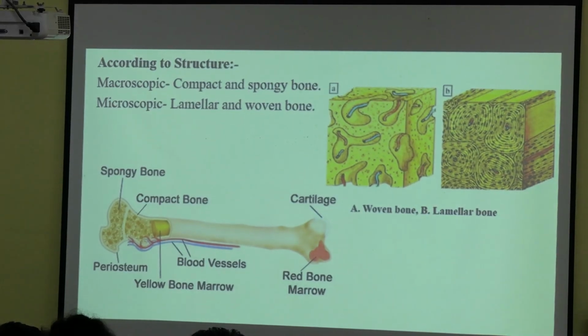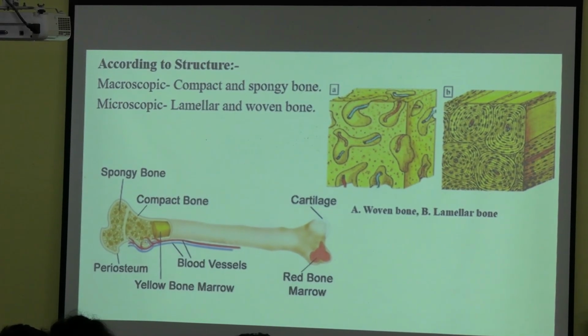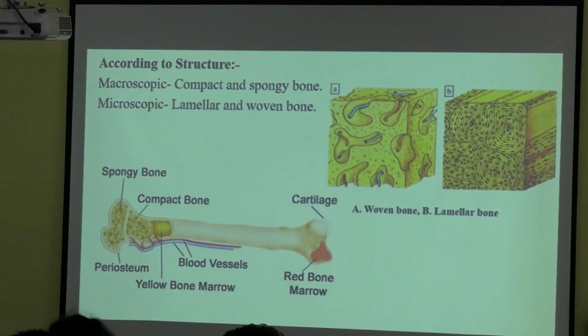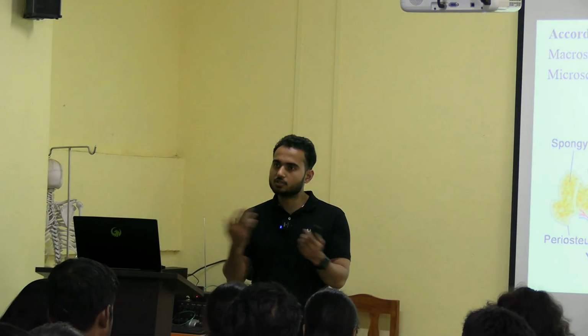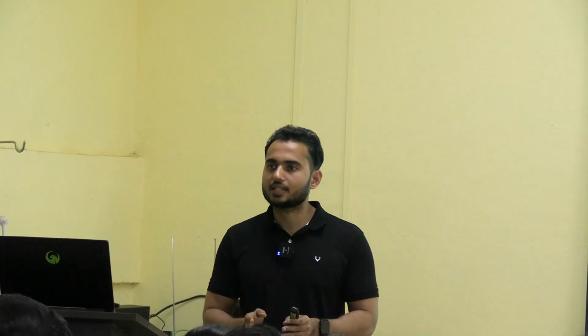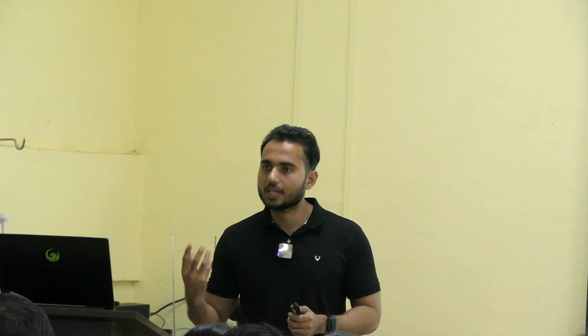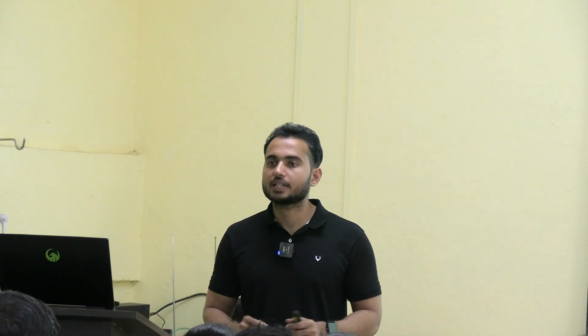Now I am not telling that in other bones you will not get this. This is easy to understand. That's why I have shown you the long bone. So you take a long bone. If you take the LS, you can open it. Once you open it, you can see the interior. So at the center part, the bone which will appear, that is the spongy or the cancellous bone, and on the outer aspect, the bone which will be there, that is the compact bone, or also called the cortical bone.